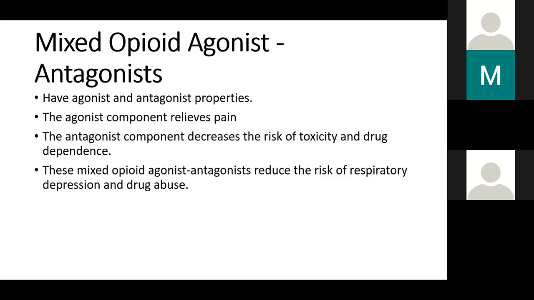Then we also have mixed opioid agonist antagonists. So they have both the agonist and the antagonist. So the agonist component will relieve the pain, and the antagonist component decreases the risk of toxicity and drug dependence or addiction. And they also reduce the risk of respiratory depression and drug abuse for these patients.